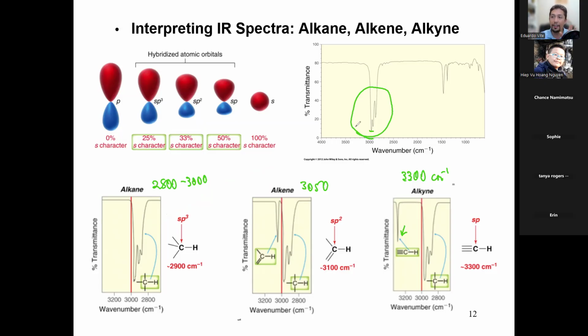If you see nothing else except this, you know that you have an alkane, an alkene, or an alkyne. If you see other signals, you have more. This is as simple and as clean as the spectrum is going to look. Does that make sense? If you want to think about it in terms of hybridization, the closer you are to S, the higher the wave number.